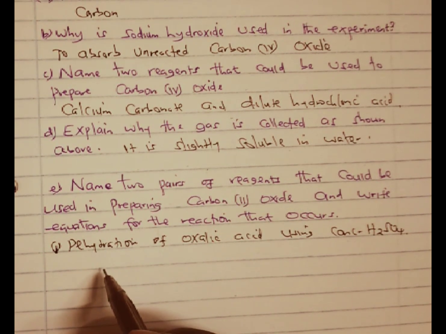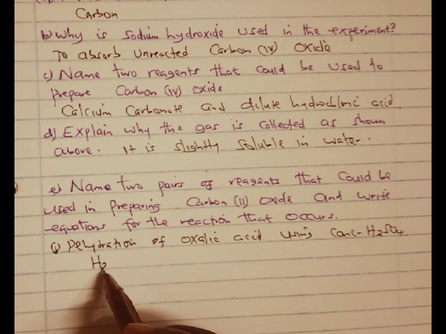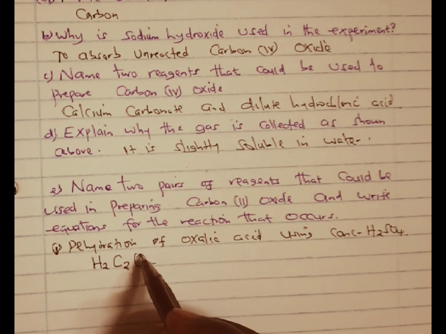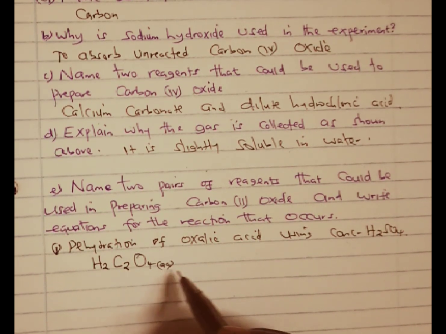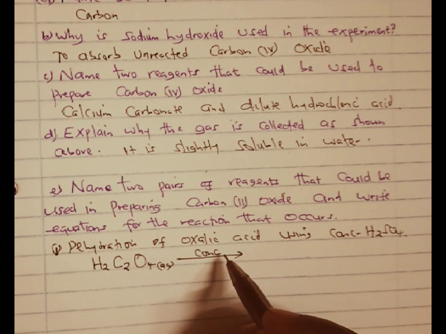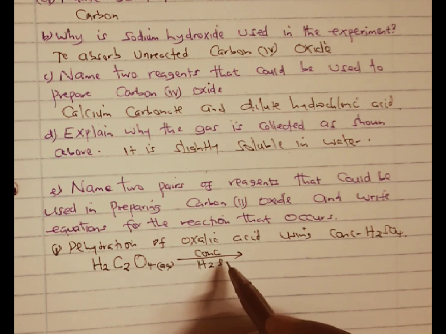Oxalic acid is written as H2C2O4. We are dehydrating oxalic acid using concentrated sulfuric acid.